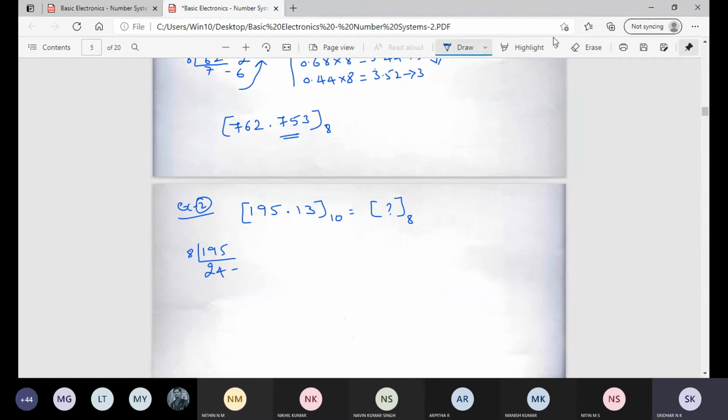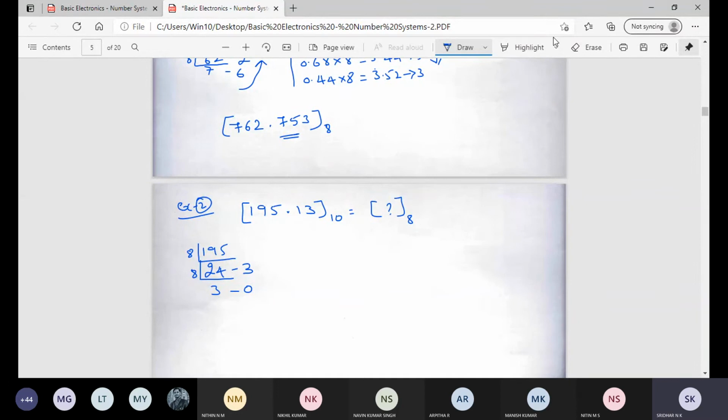What is the remainder? 3. 24 is divisible by 8, so do the division again. 8 threes are 24, correct? 3 times. Further division doesn't happen, so we note it down from down to top.